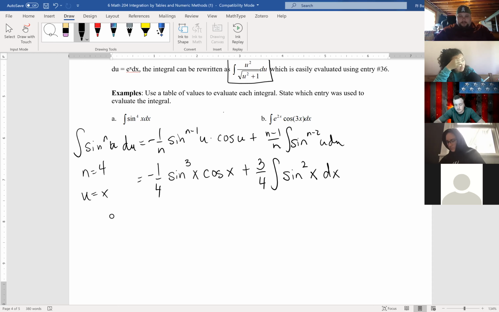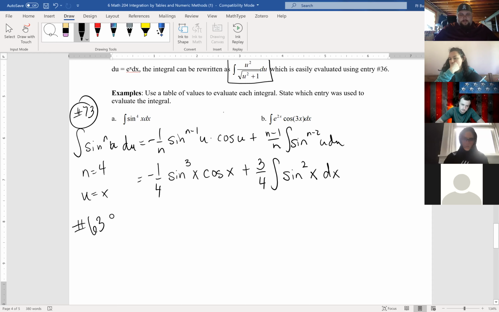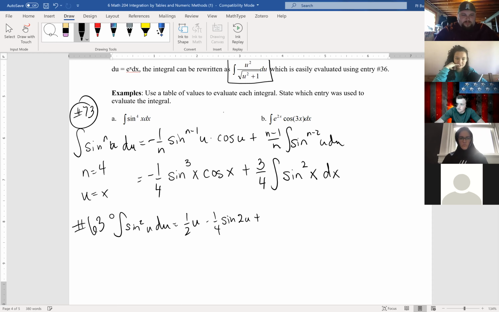Now we're going to need number 63. It says the integral of sine squared u du is equal to 1/2 u minus 1/4 sine 2u plus a constant.